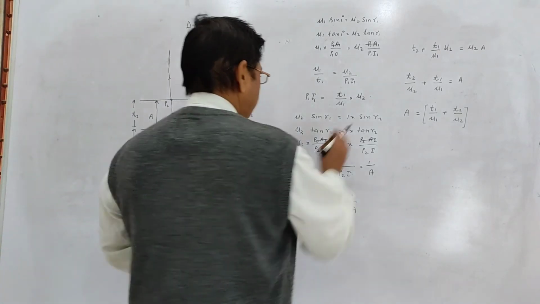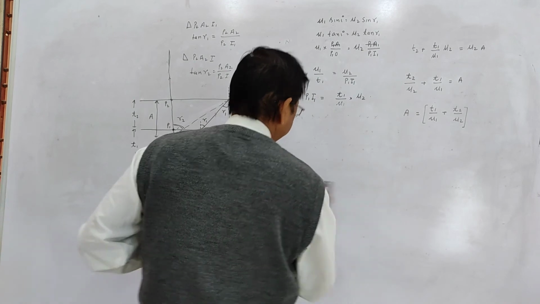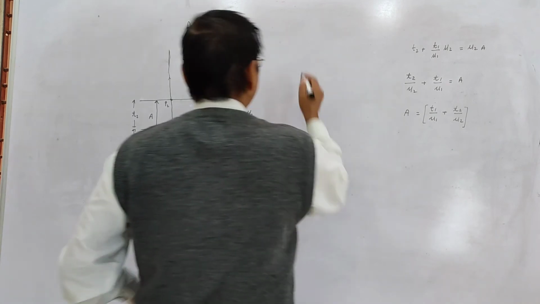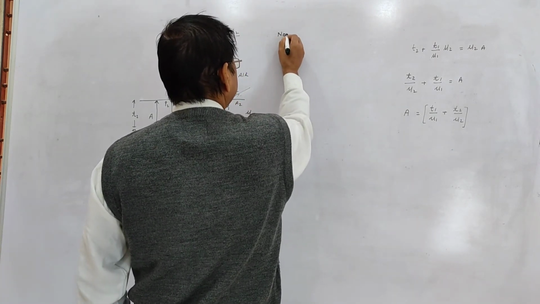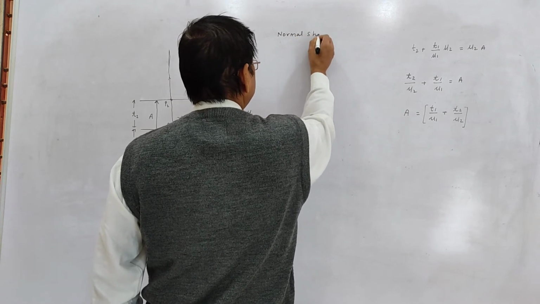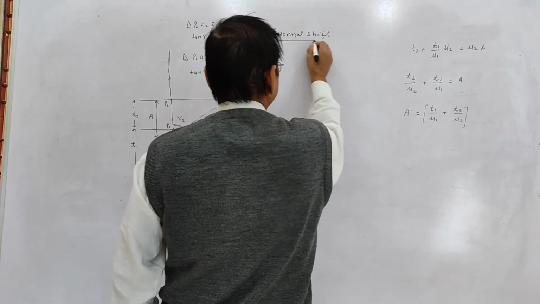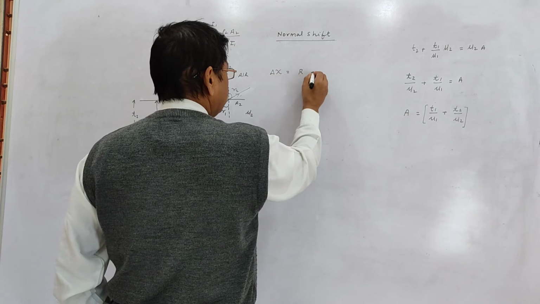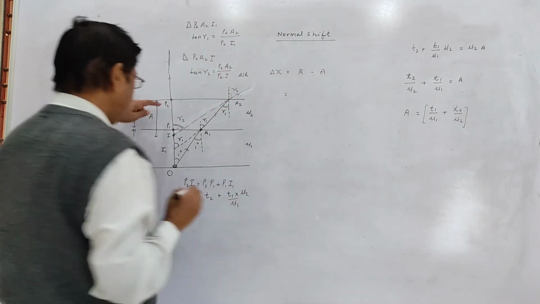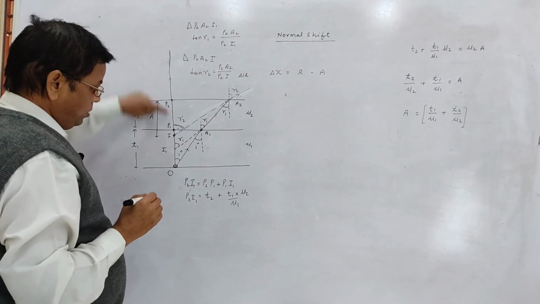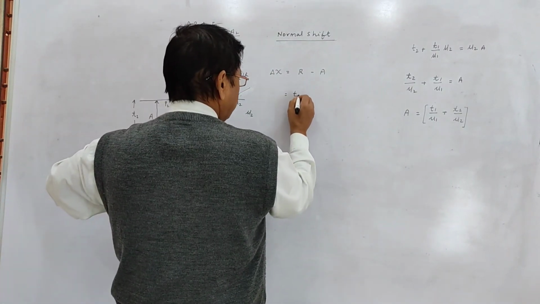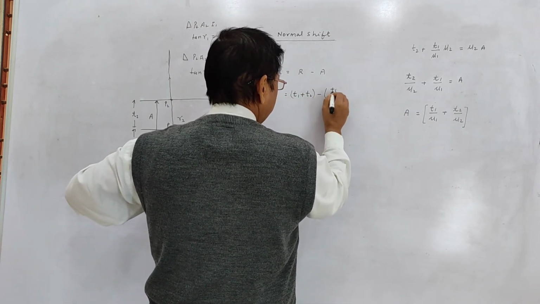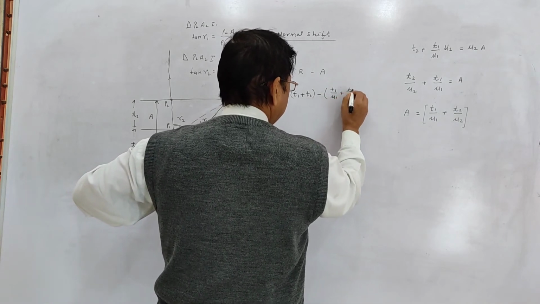So in this case, if you want to find the normal shift, delta x is real minus apparent. Real depth is T1 plus T2 from here to here. So it is T1 plus T2 minus apparent, T1 upon mu1 plus T2 upon mu2.